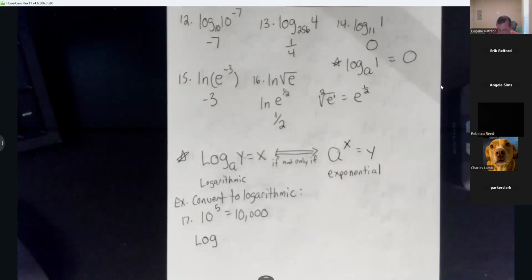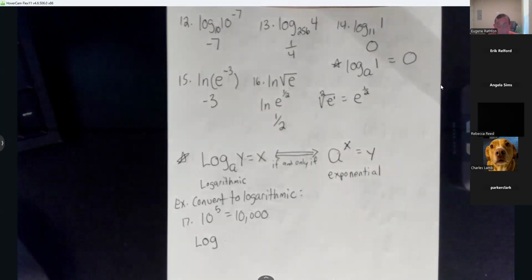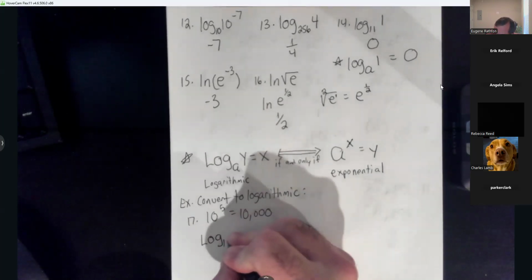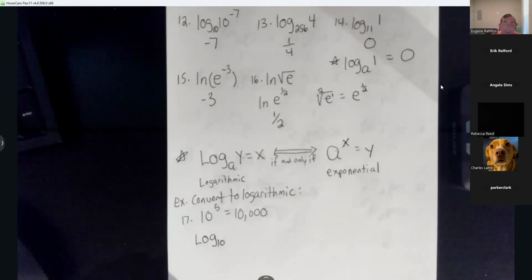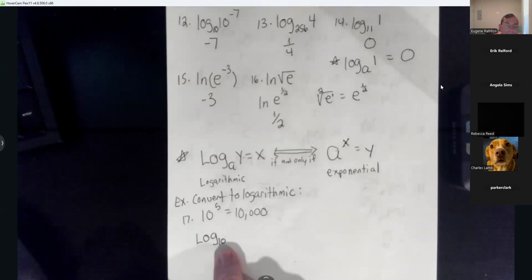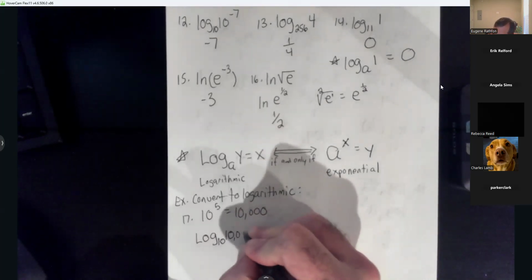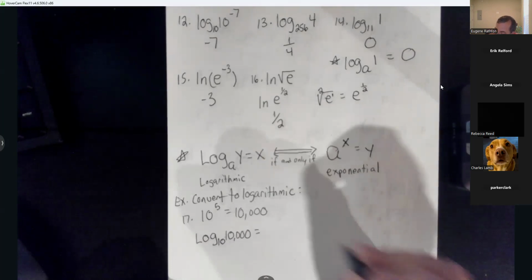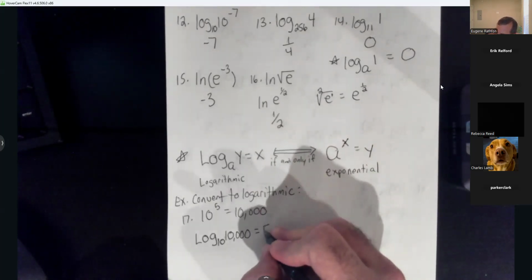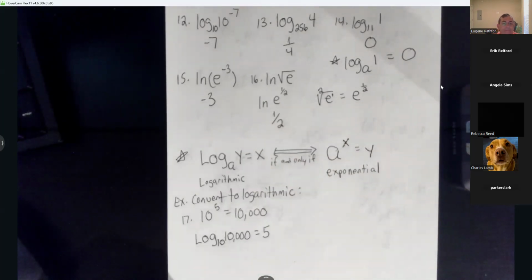So where do y'all put it for the base? So it's going to be a 10. So actually, when I do my final answer, I ain't even got to write the 10. I can just put a log and that'll give me the same answer, okay? All right, the result is 10,000, and that's going to equal my exponent of a 5.